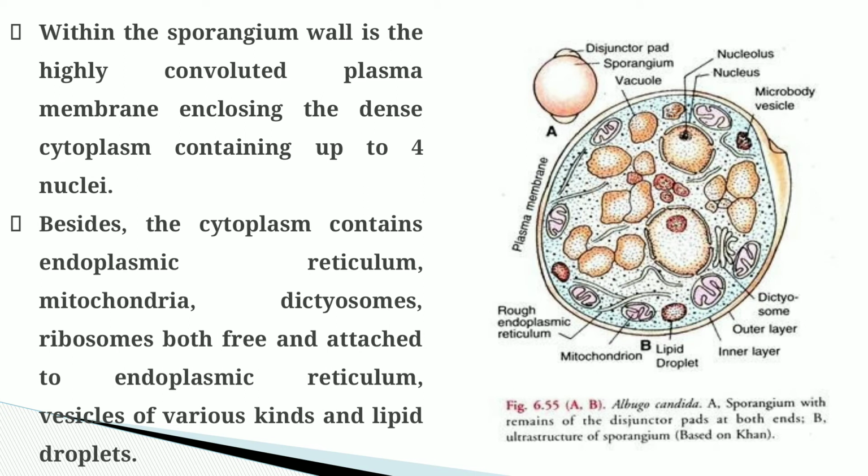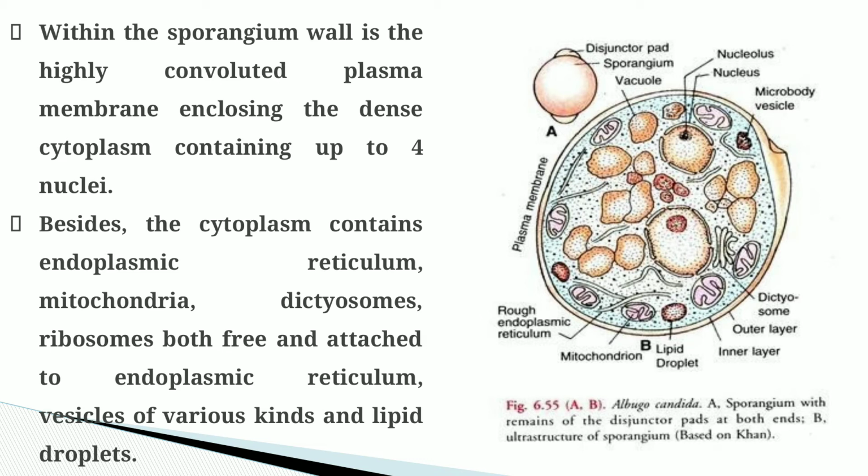Within the sporangium wall is the highly convoluted plasma membrane enclosing the dense cytoplasm containing up to 4 nuclei. So, inner to the wall layers, what is present? A highly convoluted plasma membrane is present. Convoluted means twisted or coiled.